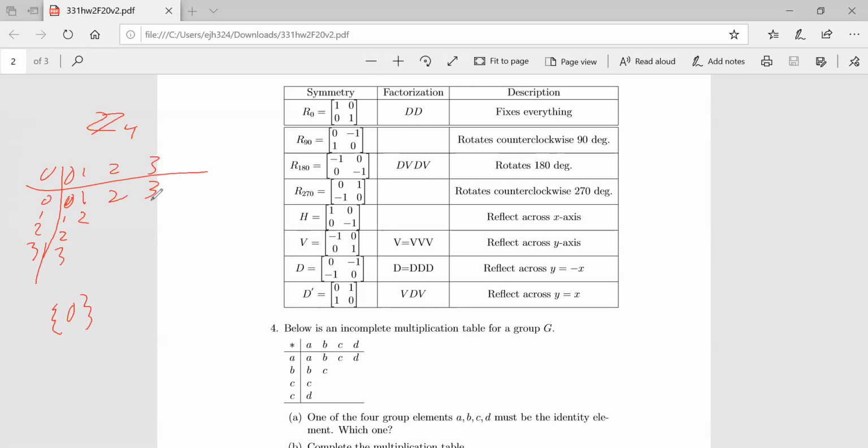Hint, use a generator. Pick an element to be the generator. What happens if I pick 1 to be the generator of this subgroup? What do I get? Pedro, what do I get?